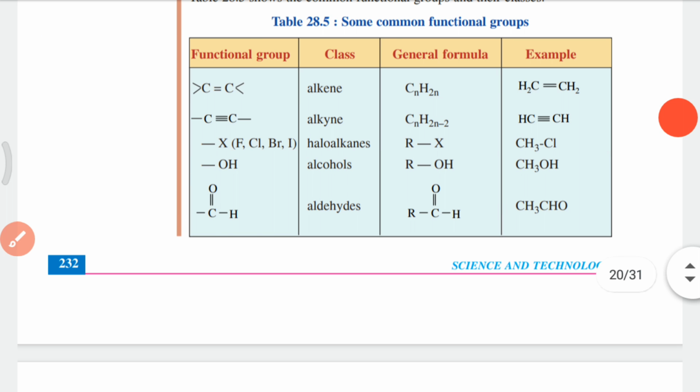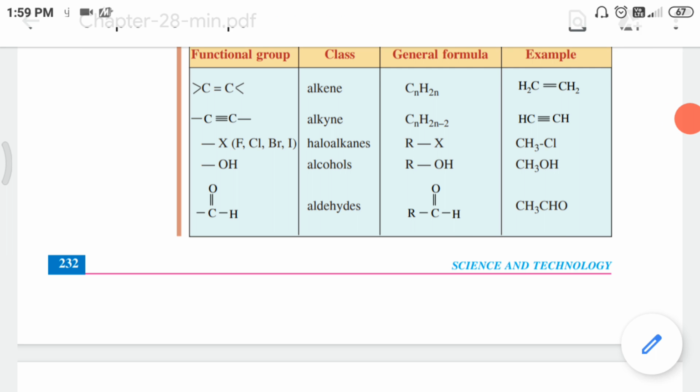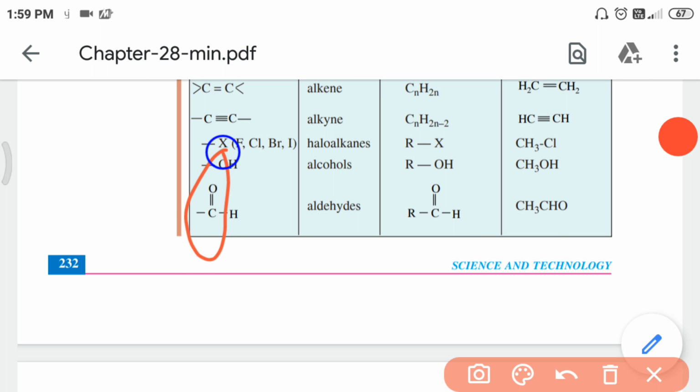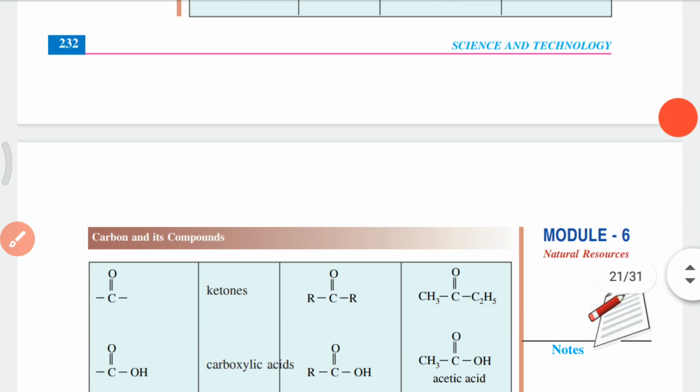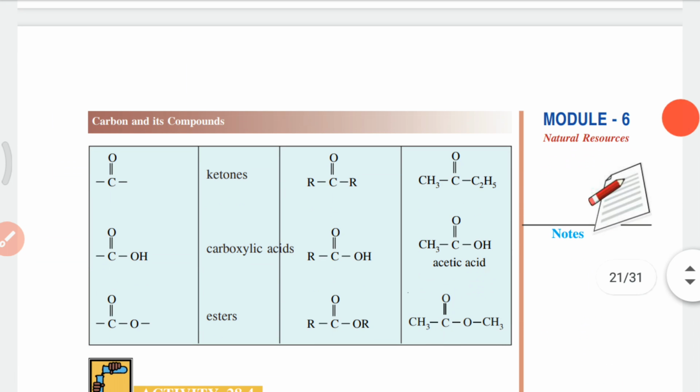Then the aldehyde group. In the aldehyde group, there is a double bond O from the carbon and a single bond H. That means we add a double bond O. This double bond does not show that the compound is an alkene. For an alkene, the double bond should be carbon with carbon.